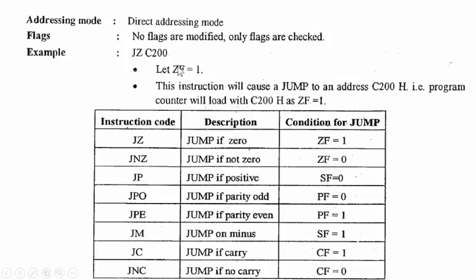And suppose the zero flag is reset or 0, and suppose JZ C200 instruction gets executed. During the execution of the JZ instruction, if the zero flag bit is 0, at that time the condition fails, then the microprocessor will skip this particular JZ instruction by skipping 3 memory locations.